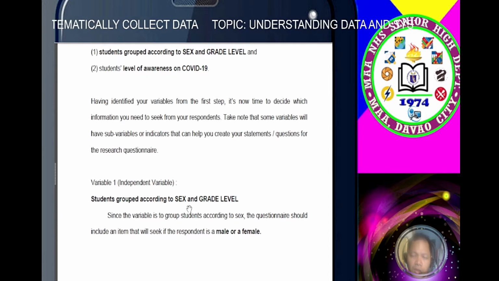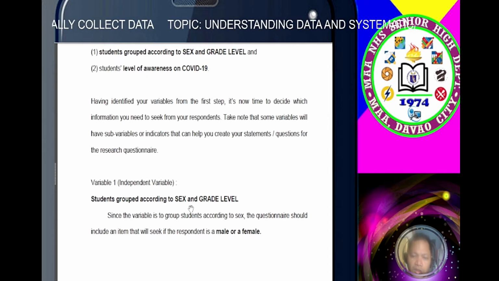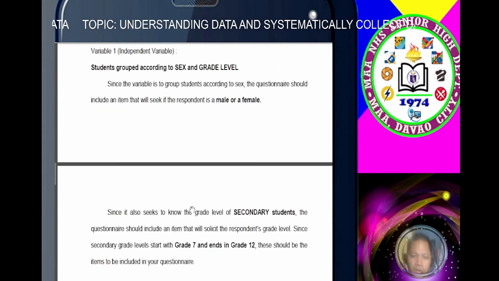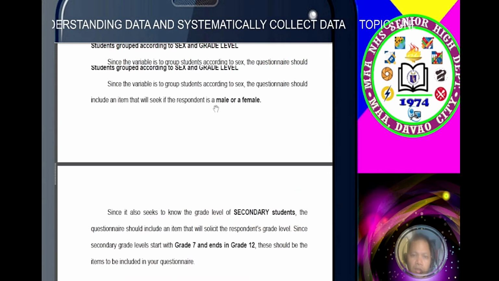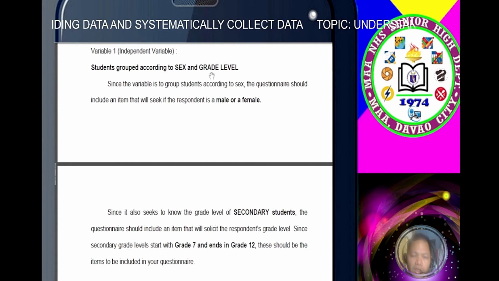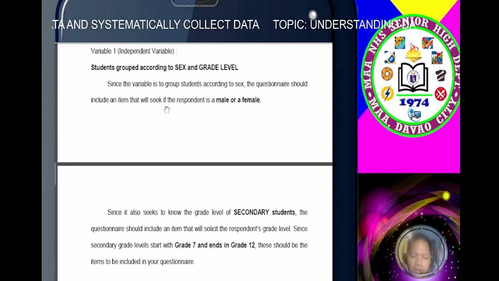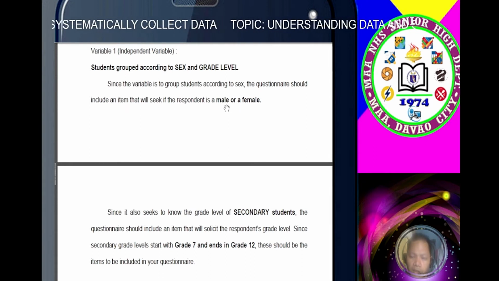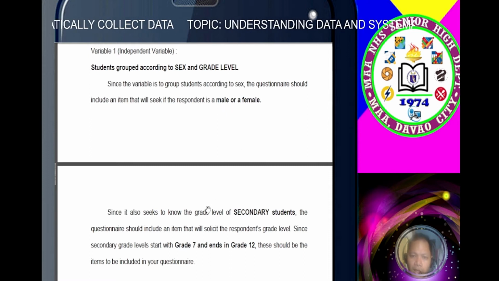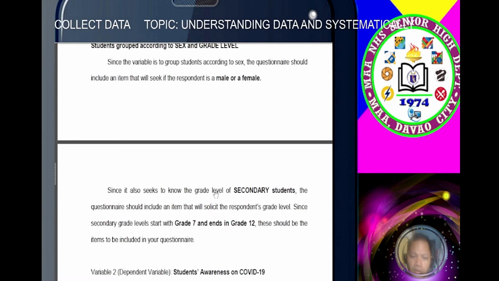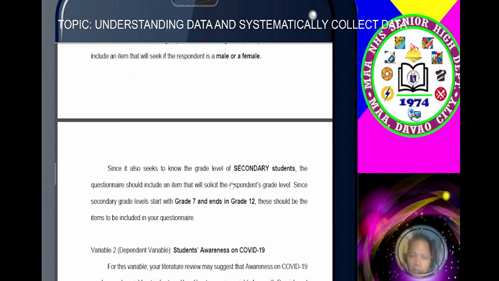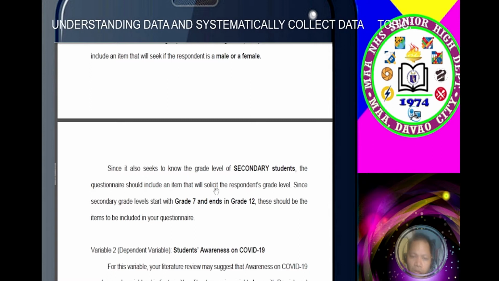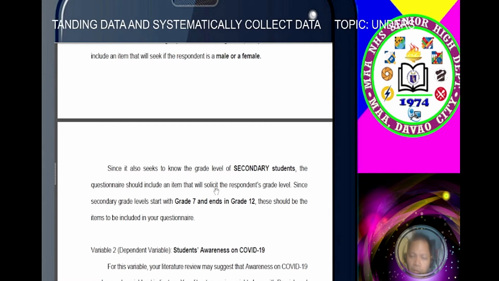Since your research question needs to gather data about sex and grade level, in your questionnaire you must include male or female. While in the grade levels, you must include grade 7 to grade 12. I hope it's clear.